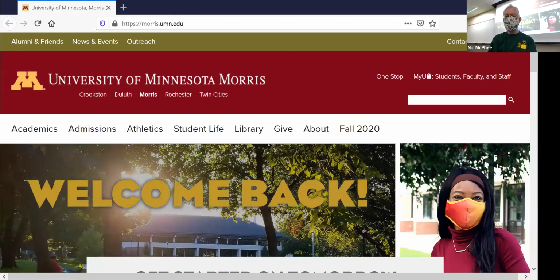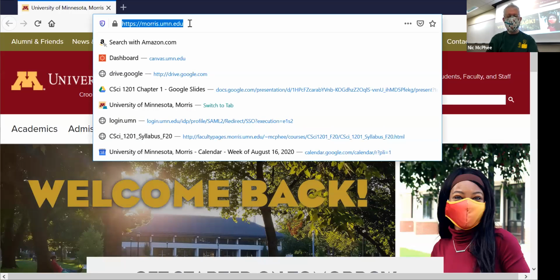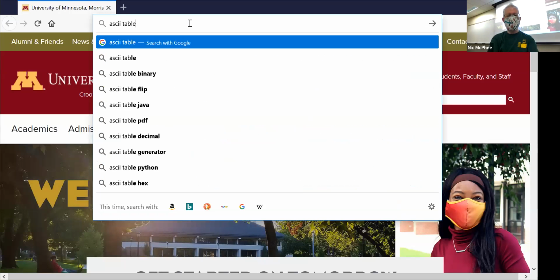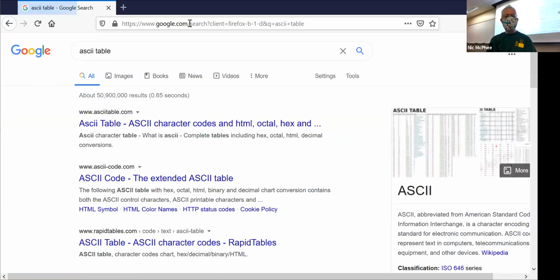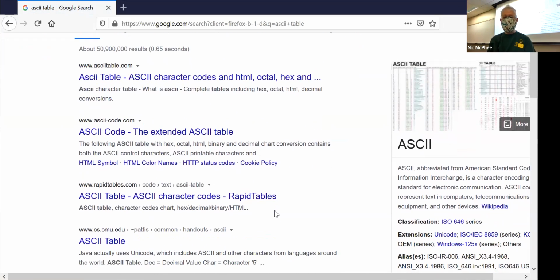If you search for ASCII table, you'll find that there's ASCII-table.com, there's ASCII-code.com, and et cetera, and et cetera.